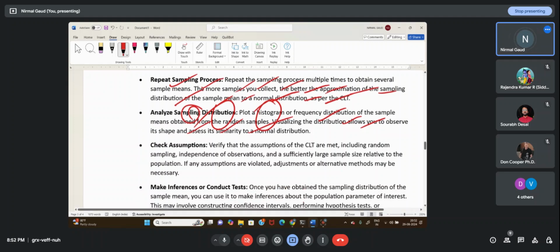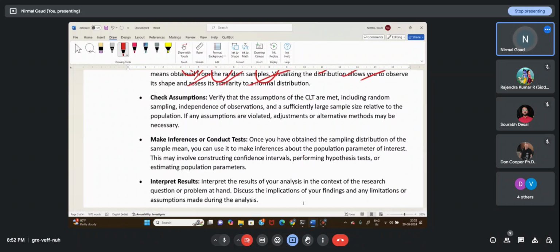We have to check whether the CLT is met or not. We did perform random sampling, and we have independent observations. If the sample size increases relative to the population, or if any assumption is violated, adjust according to what is necessary.